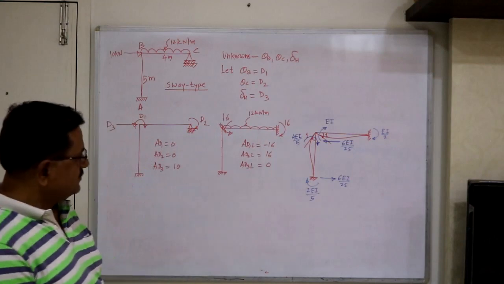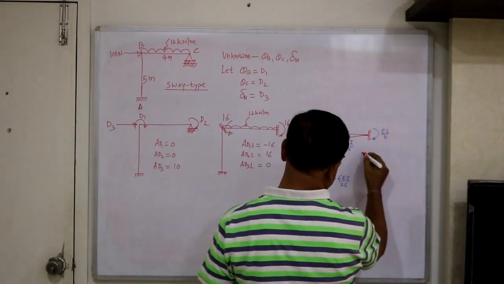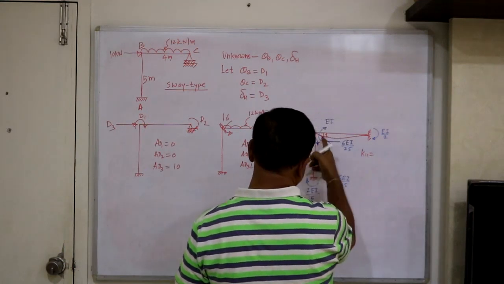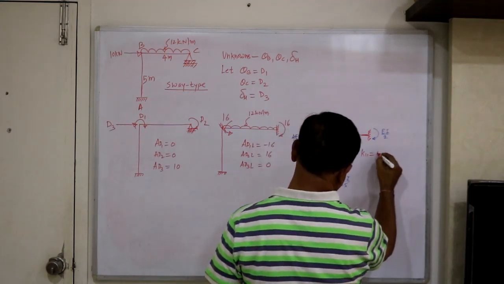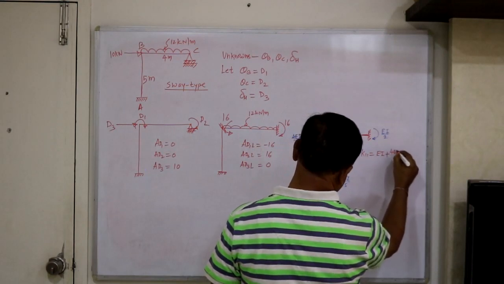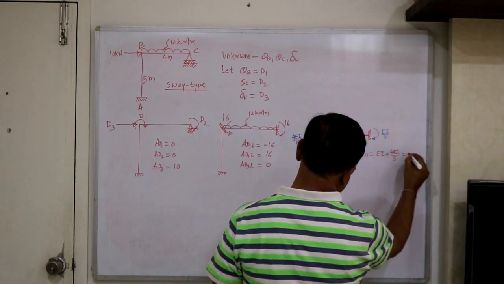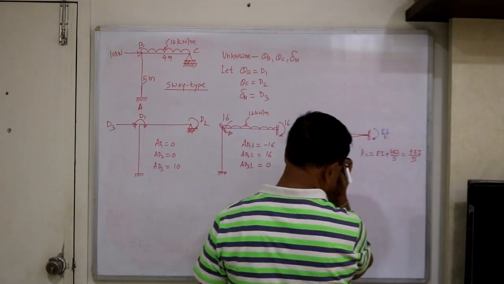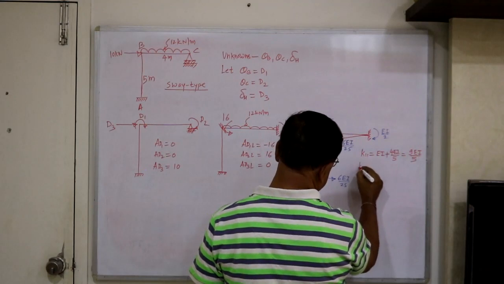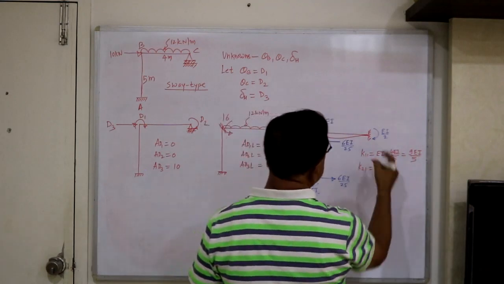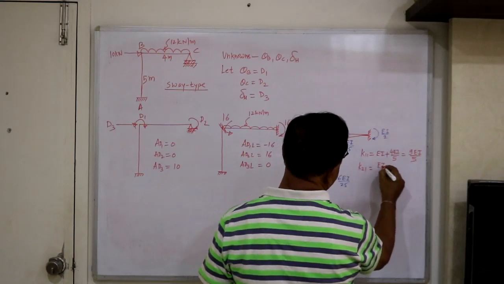Now we can write the coefficients. K11 equals this plus this, that is EI plus 4EI by 5, equal to 9EI upon 5. Then K21, in the direction of 2 due to 1, is EI by 2 only.